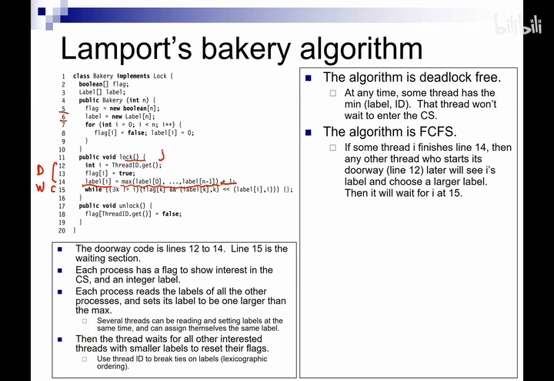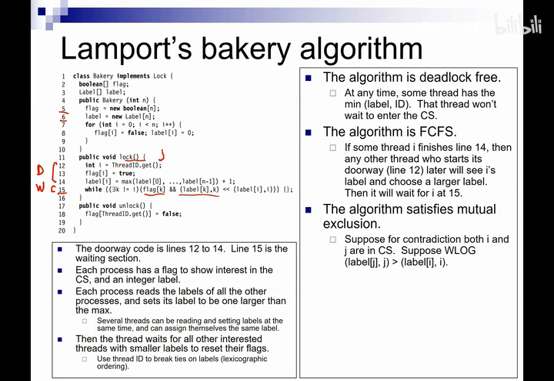Therefore J cannot get into the critical section before I, because when J does line 15, it's going to see that I's label is less than its own, since I has already raised its flag and has a smaller label. So J cannot supersede I.